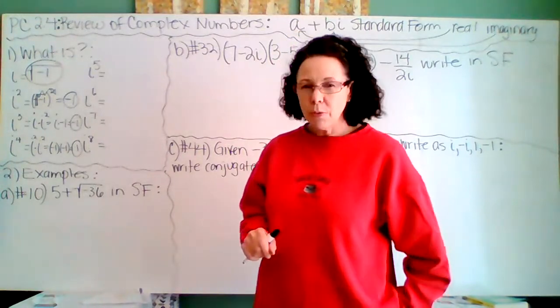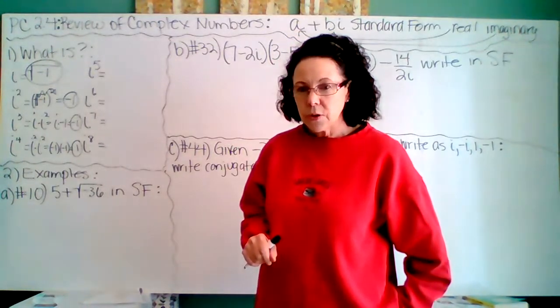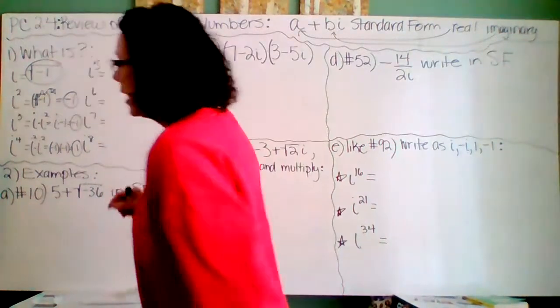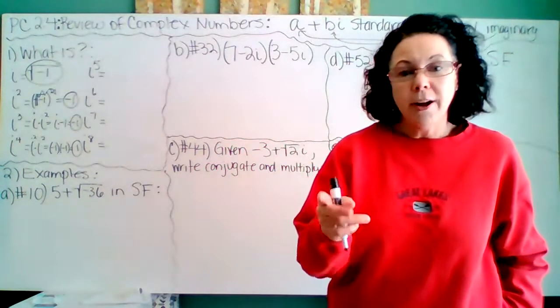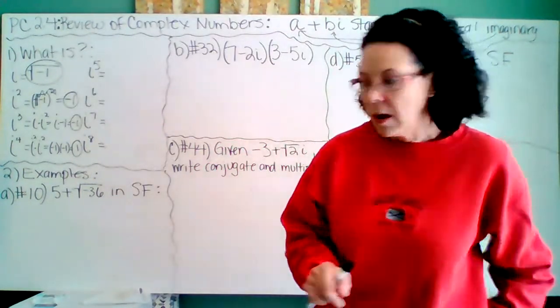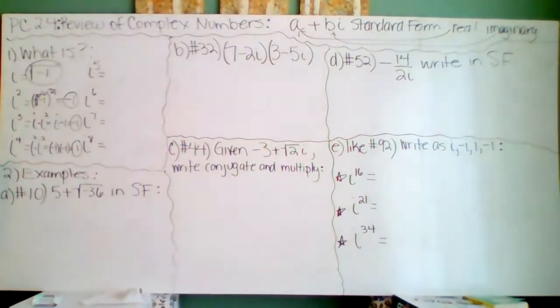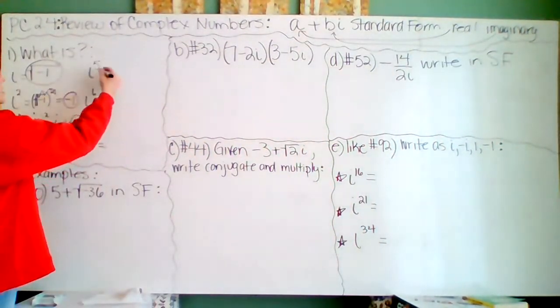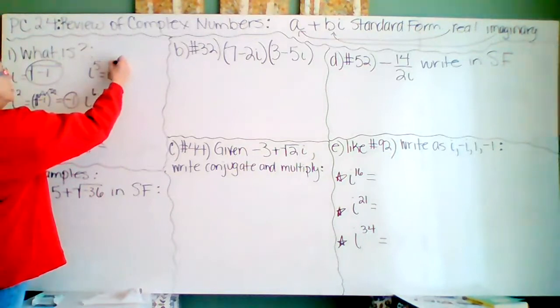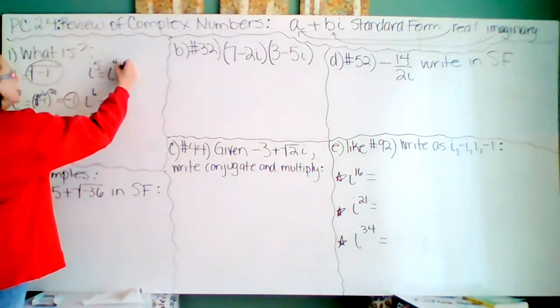So this means what would i to the 5th be? Well, I like i to the 4th. It's 1. So anytime I write i to the 4th, it's 1. And there is an i to the 4th in i to the 5th, right?